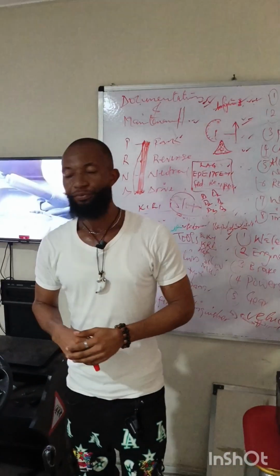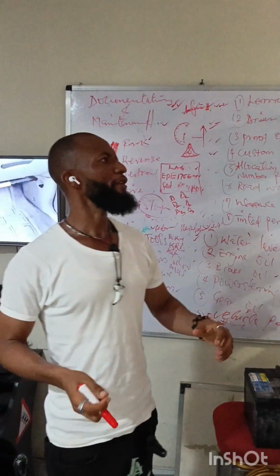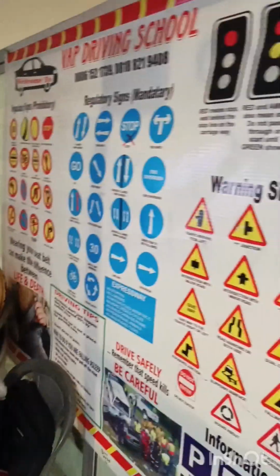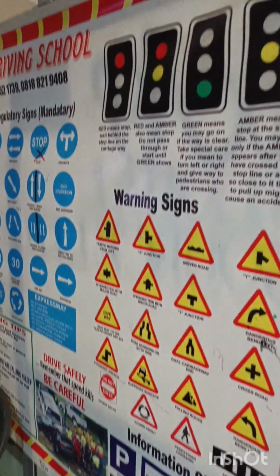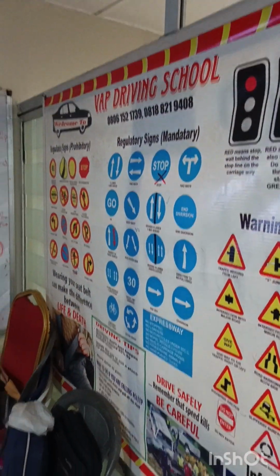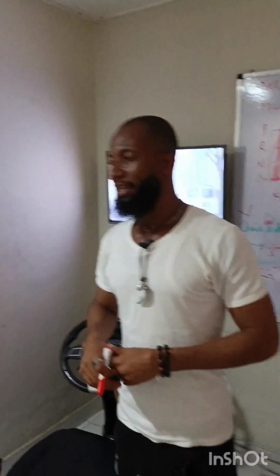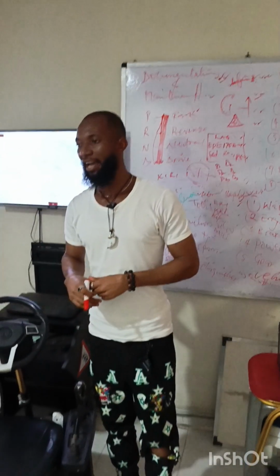Is that okay? Yeah. So now we have about 4 signs that operate on the road, which we have the warning signs, information signs, prohibitory signs, and the mandatory signs. The first sign is called the warning sign. The second one is information sign.